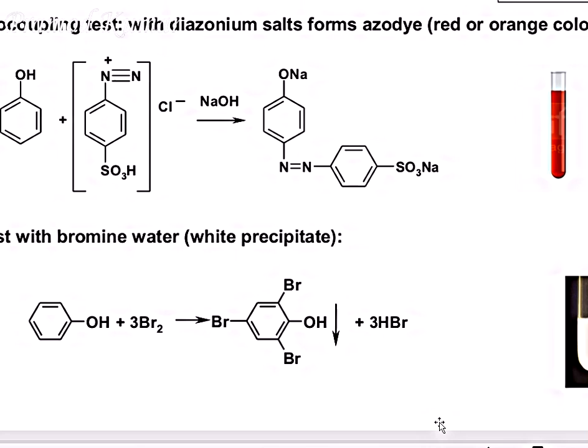Initially it is a clear liquid. When you add bromine to phenol, you get a white precipitate of tribromophenol. This is the fourth method for detection of your phenol.